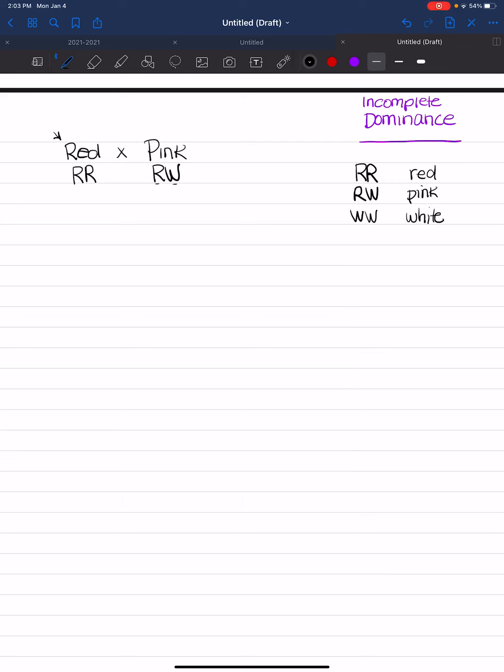So step two is to complete the Punnett square. And so here we're going to put the mom on the side, remember. So she's going to have the 100% that she's going to pass on the big R allele. And then the male flower is going to pass on the red allele and the white allele.